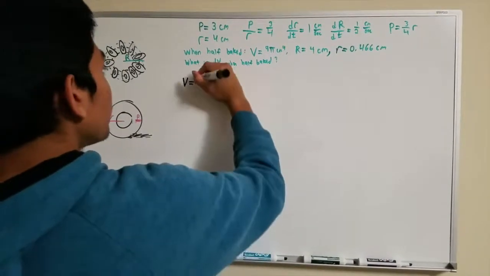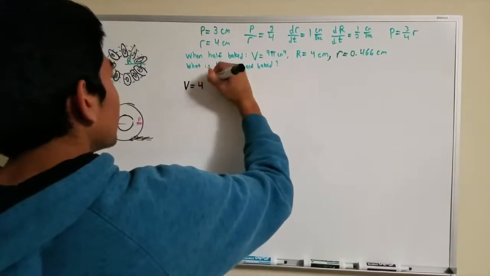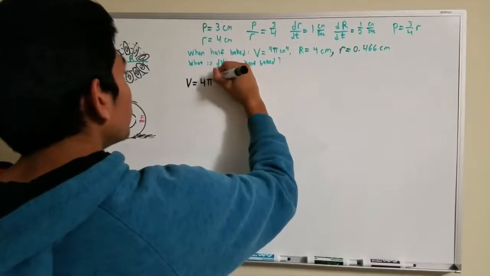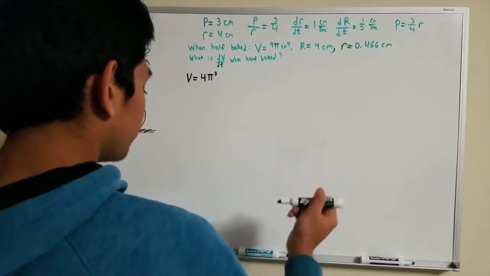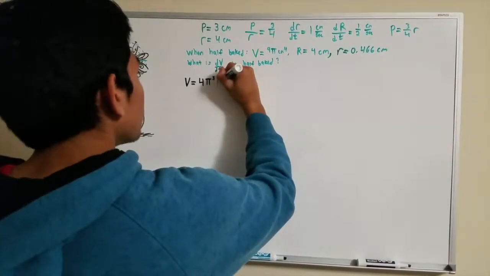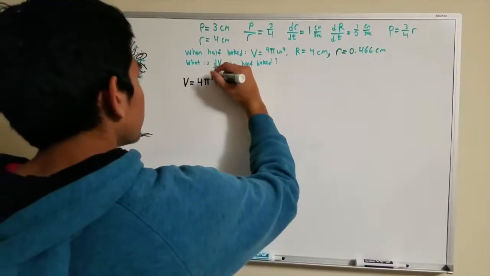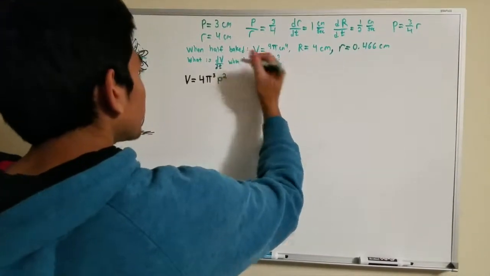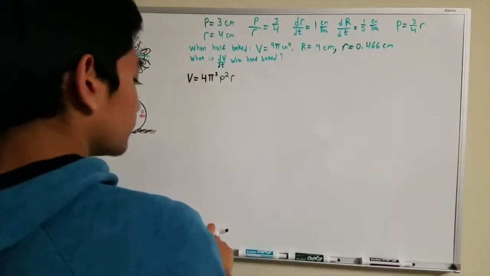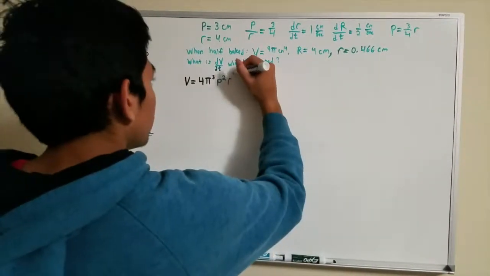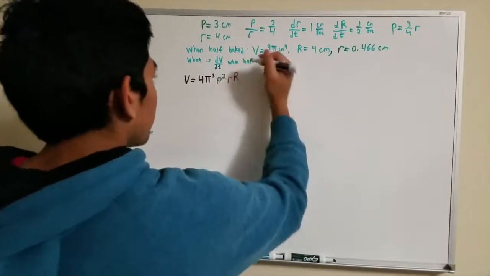So we know the 4D volume of a die torus is 4 pi cubed times p squared times lowercase r times capital R.